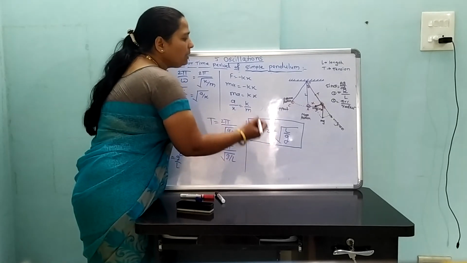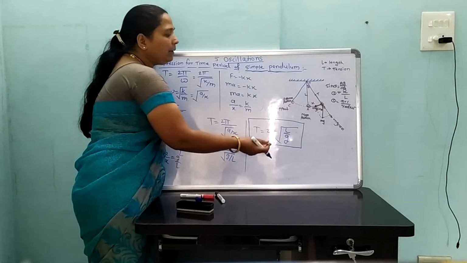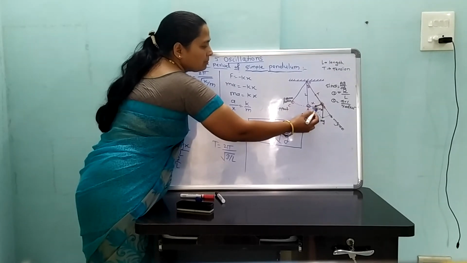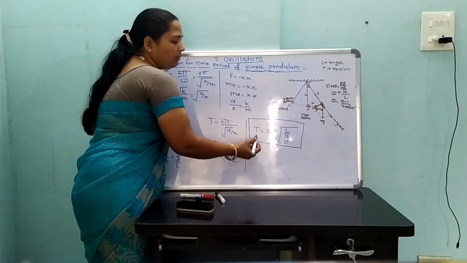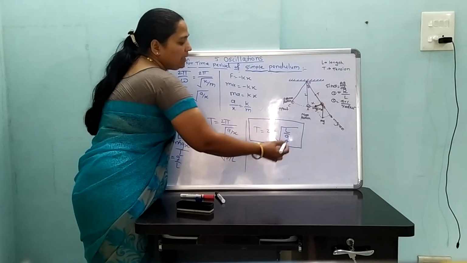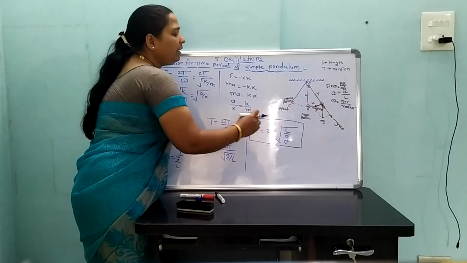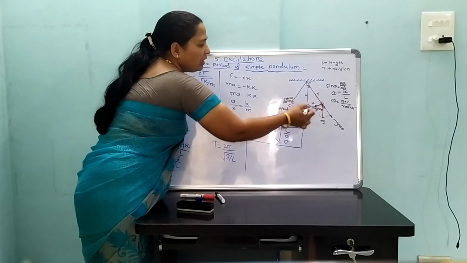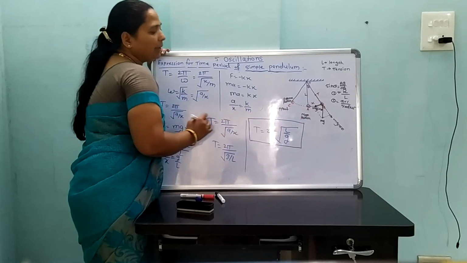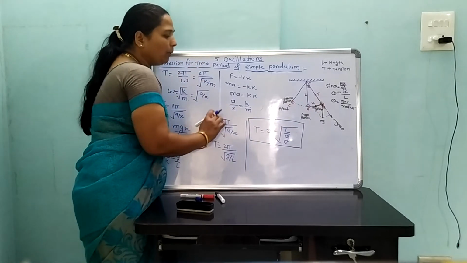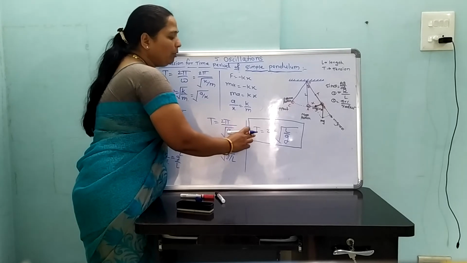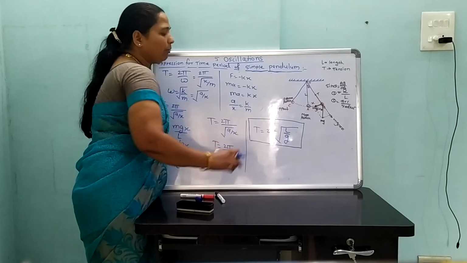But it is independent of mass, since m is absent in that formula, and independent of its amplitude. Therefore, the laws of the pendulum can be explained by using that formula.